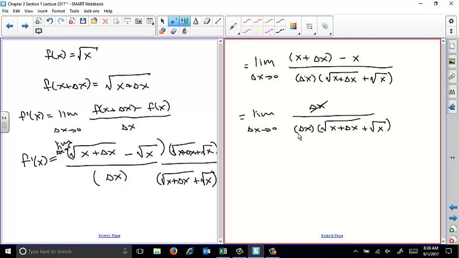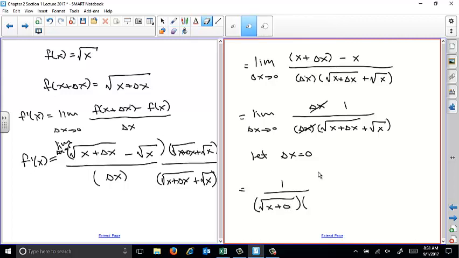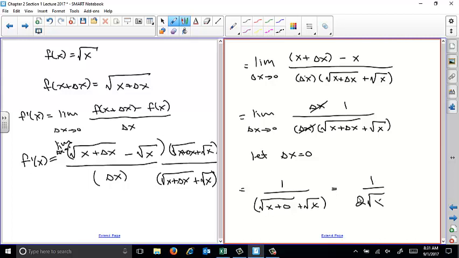These cancel out, so we're just left with 1 over the square root of x plus delta x plus the square root of x. Then we let delta x equal 0, because this is removing the indeterminacy. So by doing that, we just have 1 over the square root of x plus 0, sorry, plus the square root of x, which is 1 over 2 times the square root of x.